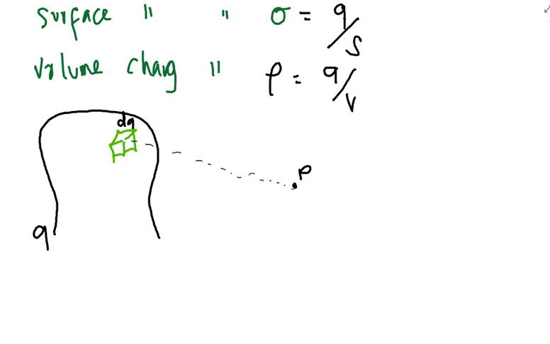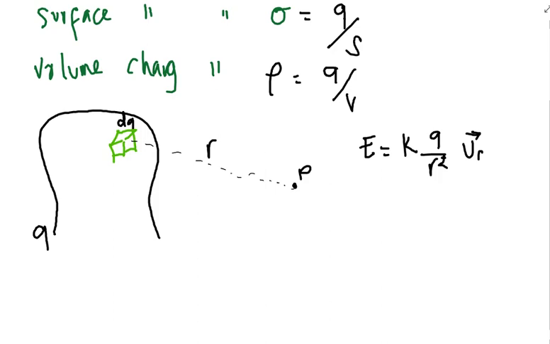This will be labeled as R. The electric field due to the charge element dq will be solved using the same Coulomb's law formula that we discussed previously, where E is equal to kQ all over R squared, with direction UR, or R prime, depending on how we represent our unit vector.